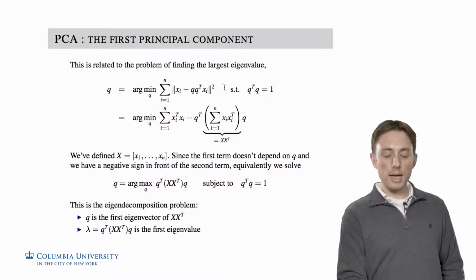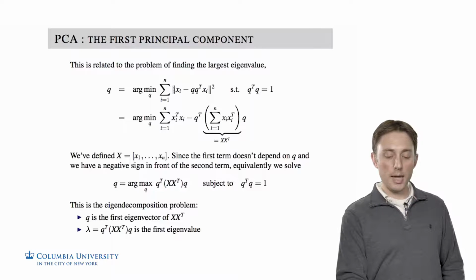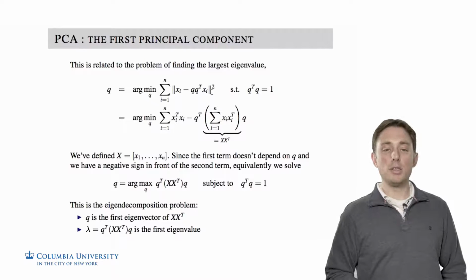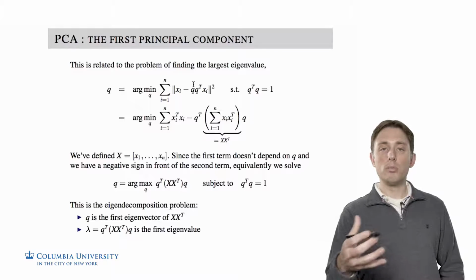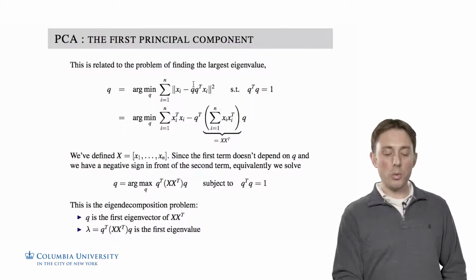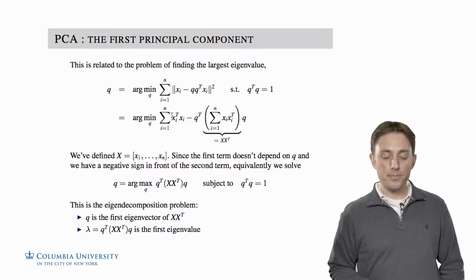But now instead of writing it this way, let's expand this product out. So we multiply this whole thing out. Remember, this is a vector, and if we want to know the squared magnitude of that vector, we can simply take the vector transpose multiplied by itself. And so when we do that, we get an x transpose x, which is this term here.